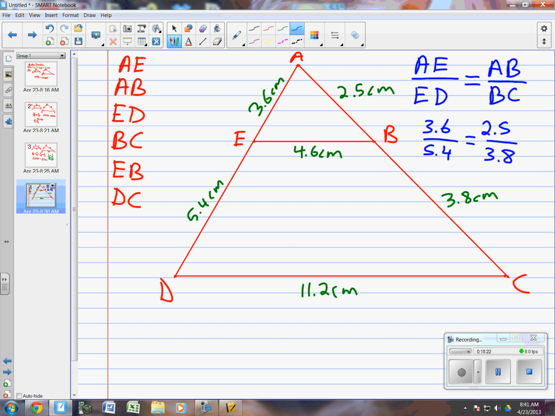If yours are super close, that means you measured very accurately, or you have a parallel line. 3.6 times 3.8? 13.68, okay. And then go 2.5 times 5.4. What is that?